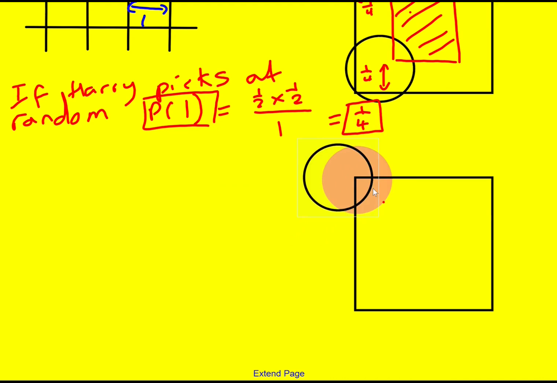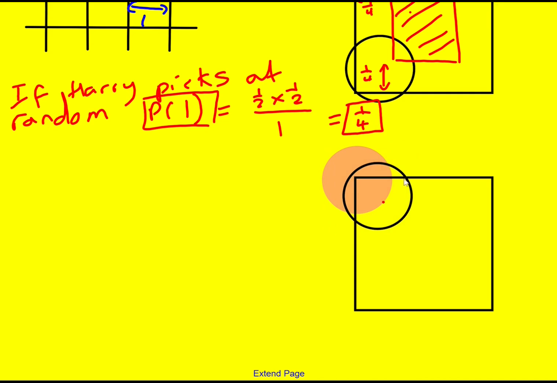So if his hoof, the center is here, then obviously it's 4. But as he moves around this circle itself, he's still going to be overlapping all 4. So in fact, this little orange circle that I've made is the area that the center can move around to get an answer of 4.